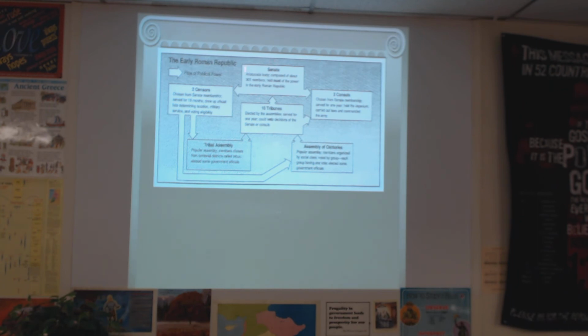Let's start with the Senate. The Senate is an aristocratic body, so it's made up of what kind of people? Patricians. They're composed of about 300 members. They held most of the power in the early Roman Republic. Now, when we talk about government, we should be familiar with what the three branches of government are.